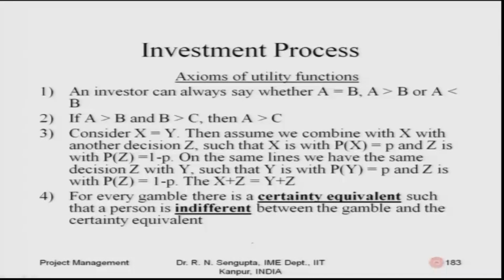Consider x is equal to y, the third axiom. Then assume we combine x with a certain decision z such that x is with probability p and z with probability 1 minus p. So, there are two outcomes. On the same lines we have the decision z combined with y, and in that case if the probability of z is 1 minus p, then the probability of y is p.